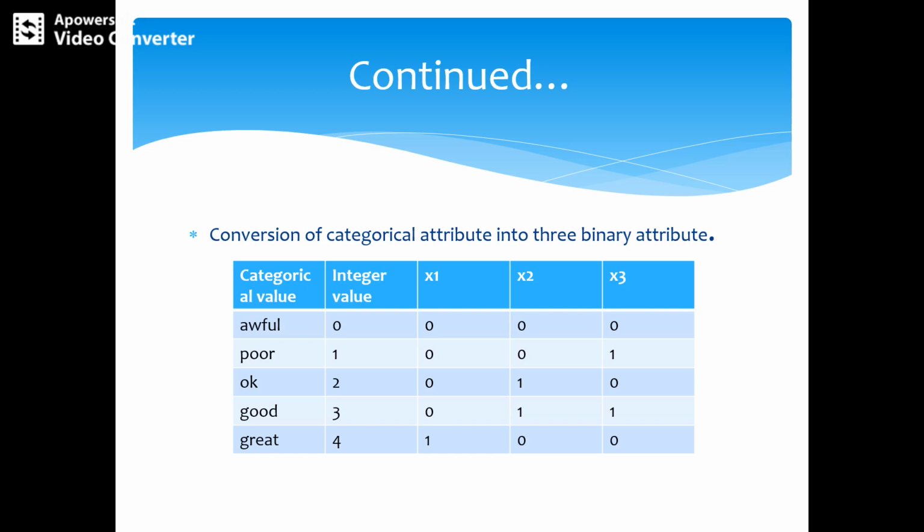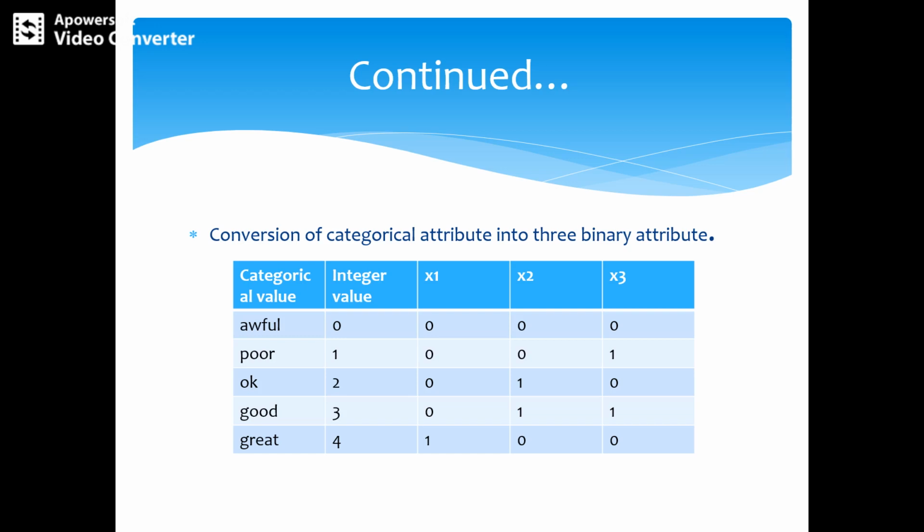For awful, the integer value is 0 and the binary values x1, x2, x3 are all zeros. For poor, the integer value is 1, so the last attribute is 1. Next, okay is 2, so 0, 1, 0.